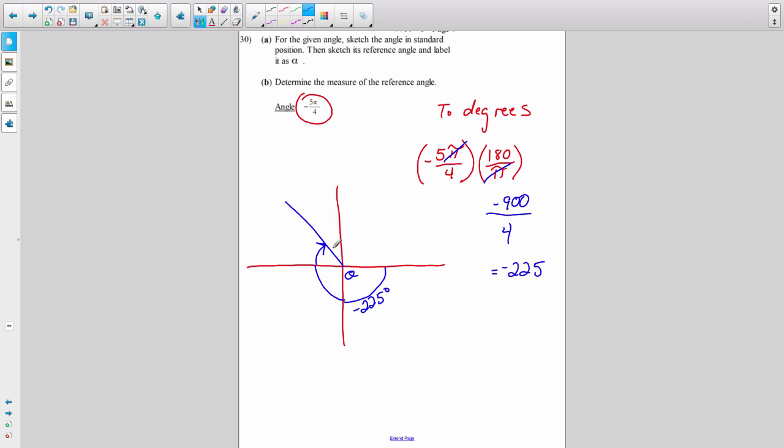Or, sorry, negative 5 pi over 4. Now they want a reference angle. Reference angles are always positive and they are acute. In other words, less than 90.